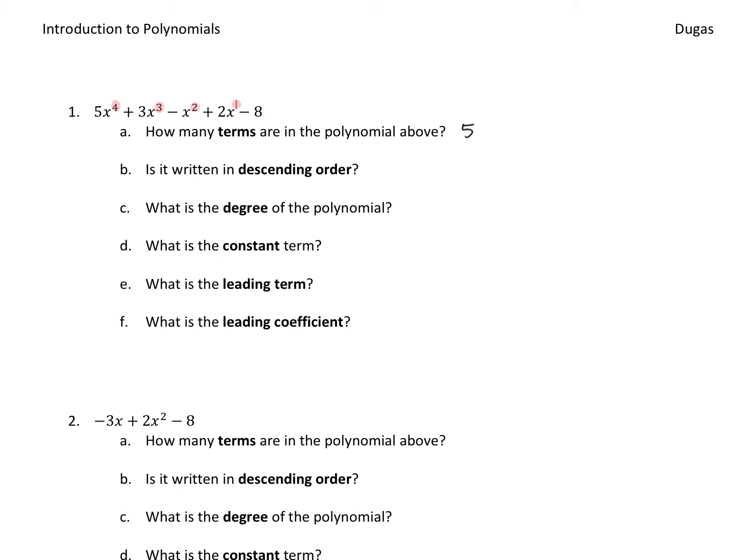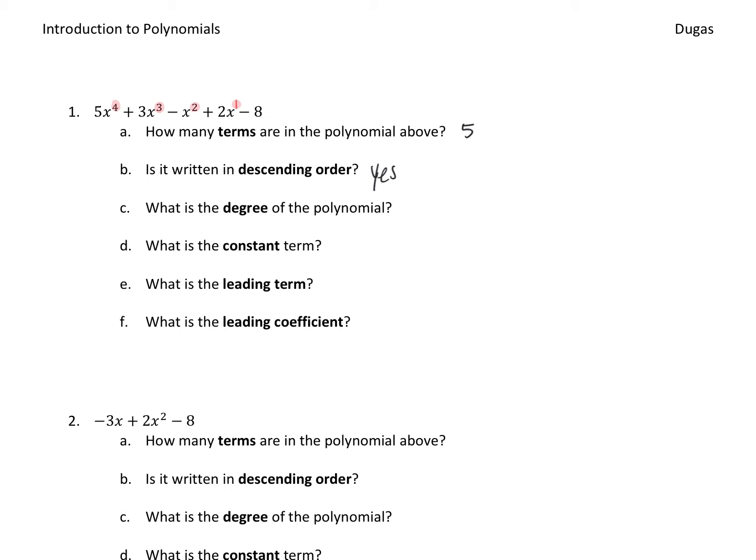And then you have the constant term. The constant term is the term that does not have a variable attached to it. So the -8 is called the constant. So part B, is it written in descending order? Yes, because the variable's exponents are decreasing as you read the polynomial from left to right.